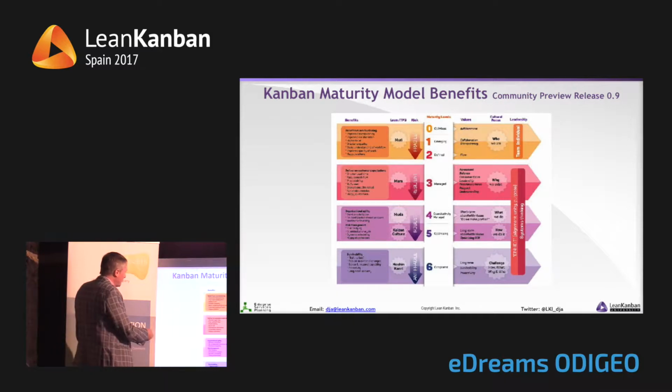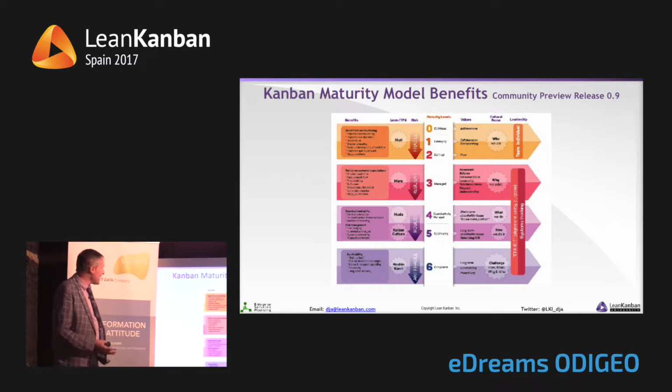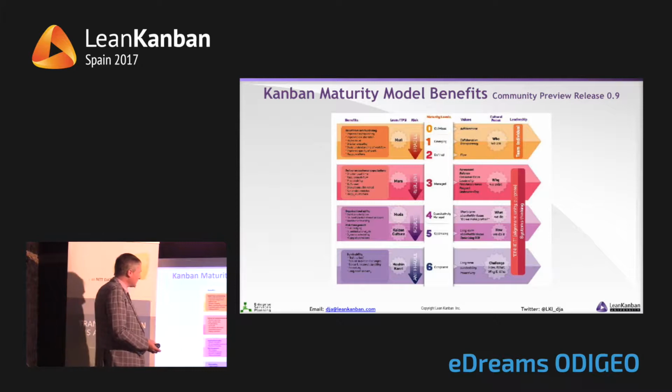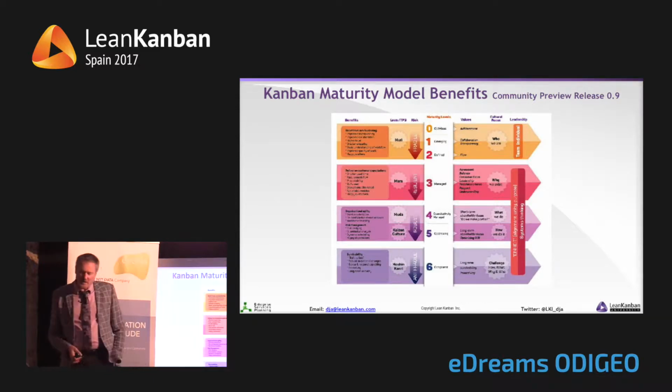So relief from overburdening is what people are seeking at these shallow levels of maturity and shallow levels of Kanban implementation. Then we get to level 3, and what's happening there is that we're actually delivering on customer expectations. We now consistently, reliably deliver what the customer expects. Once we get a bit further down, the benefits are things like organizational agility.